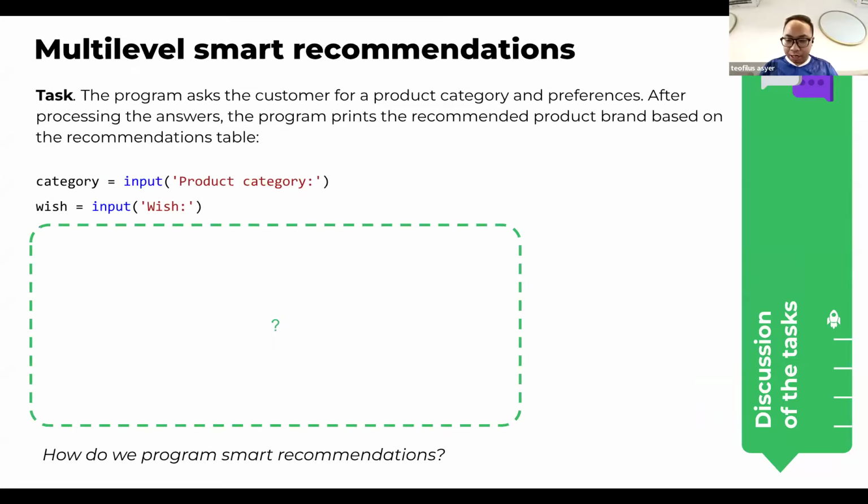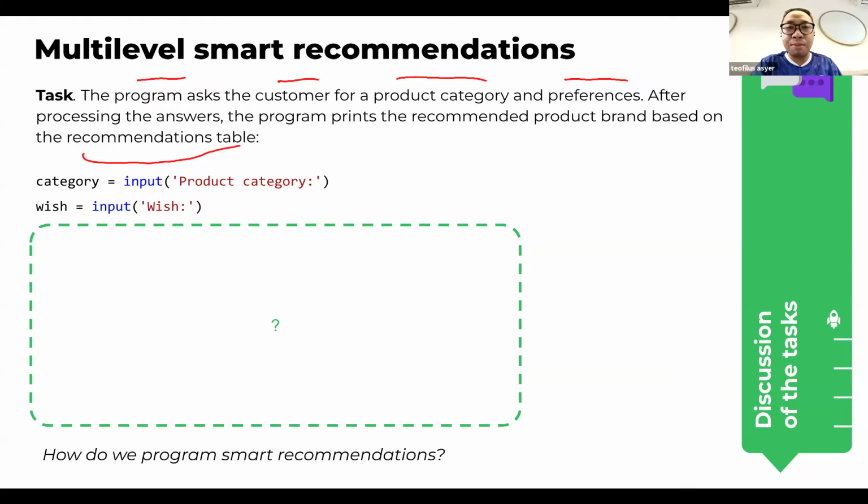Let's say that we have a case where we have to make a program that asks the customer for a product category and preferences. After processing the answers, the program will print the recommended product brand based on the answers. You got it until here about the question? Yeah.